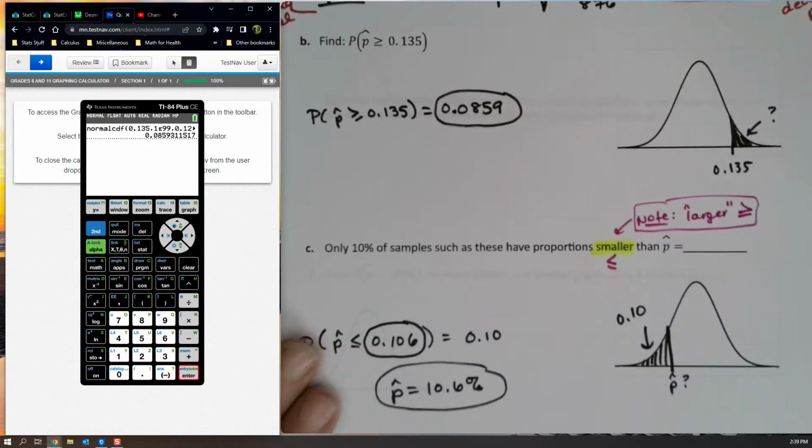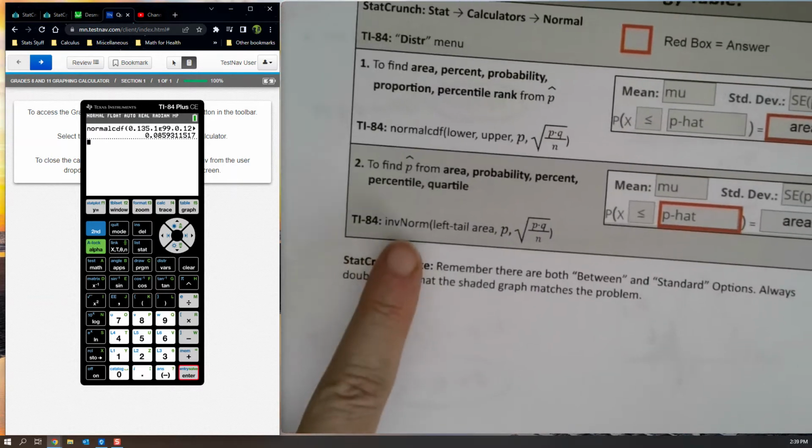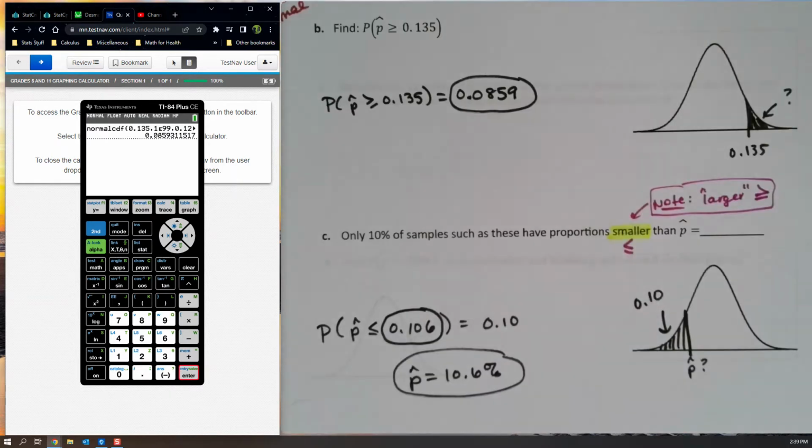Down here for letter C, that's an inverse norm problem, right? Because it's this one, the second one. So we're going to have to use inverse norm, so second distribution, number 3, inverse norm. This is 0.10, and then I've just got to put these values in, 0.12, oh, 0.010979, I keep messing that up.